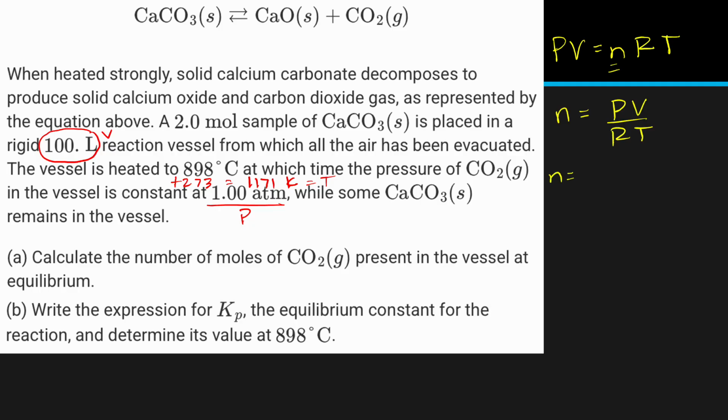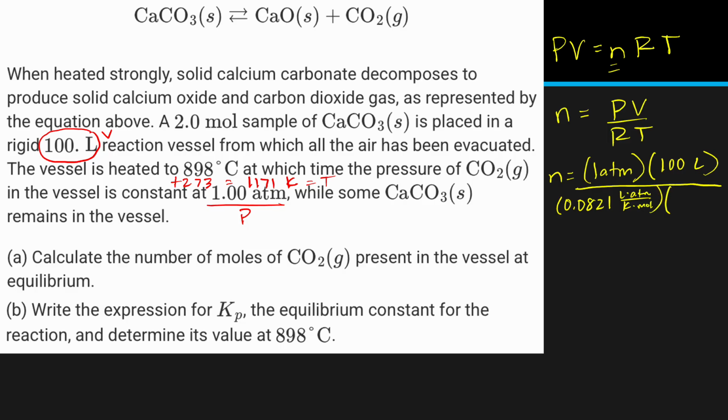So if I'm solving for n, my pressure value is 1 atm. My volume value is 100 liters. My R constant, since I'm using pressure, is 0.0821 liters times atmospheres over Kelvin times moles.